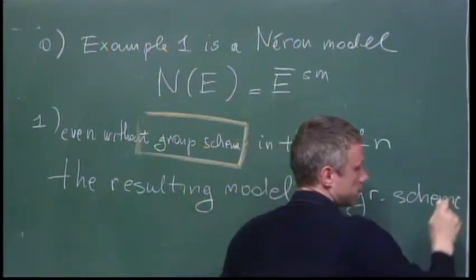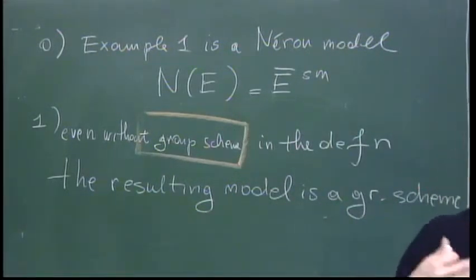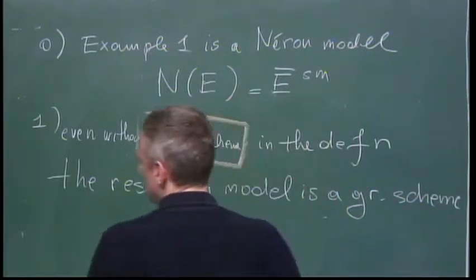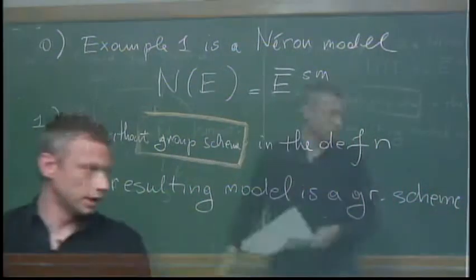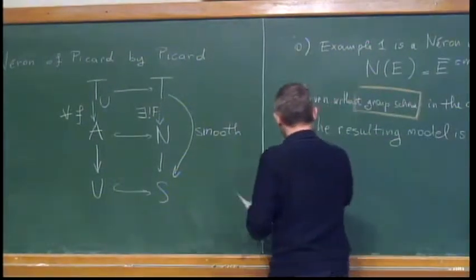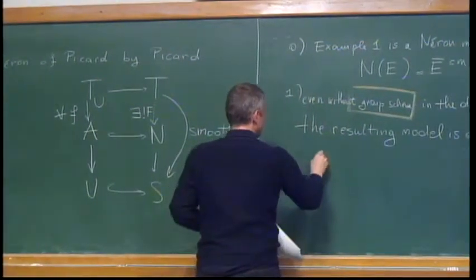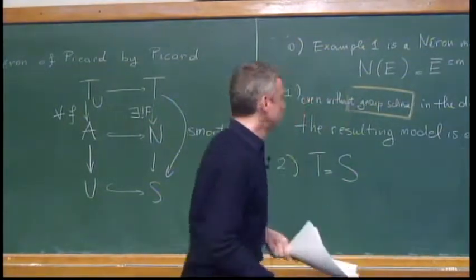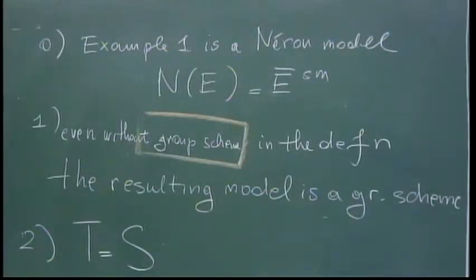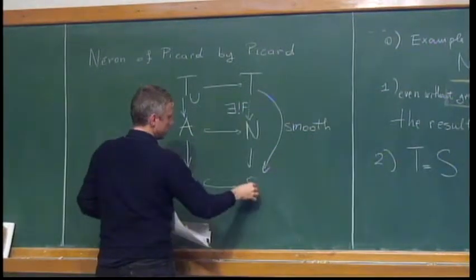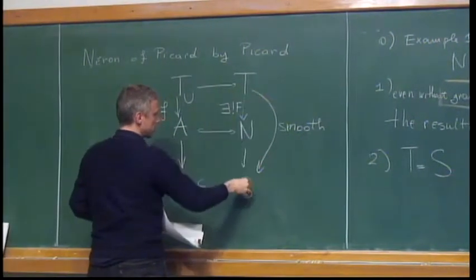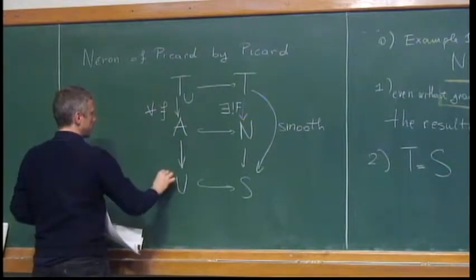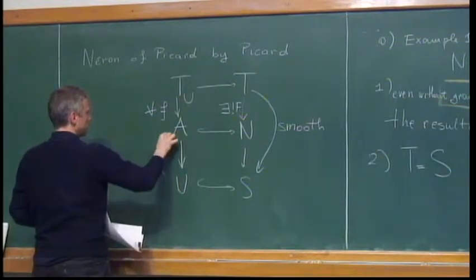Okay, so this is interesting in the sense that, of course, giving a group structure means giving lots of morphisms. And these morphisms all come from playing this game over and over again. Number 2, if you take T to be S itself, then instead of T mapping to S, I have the identity from S to itself. And then instead of this map, I have this map.